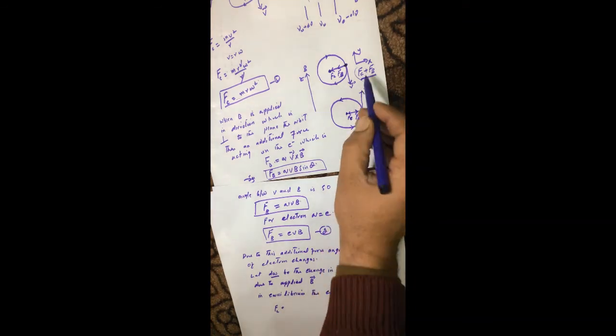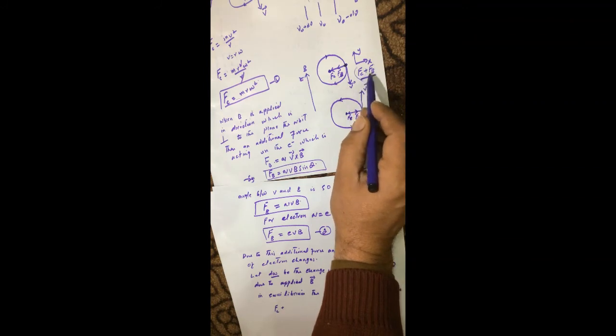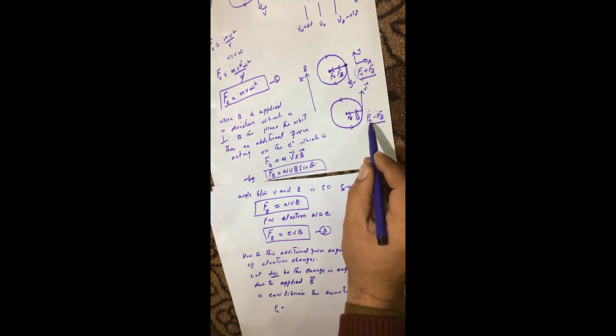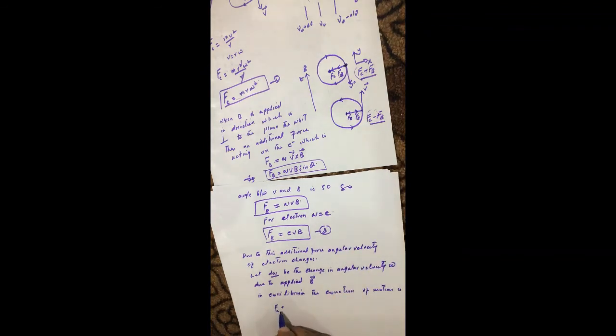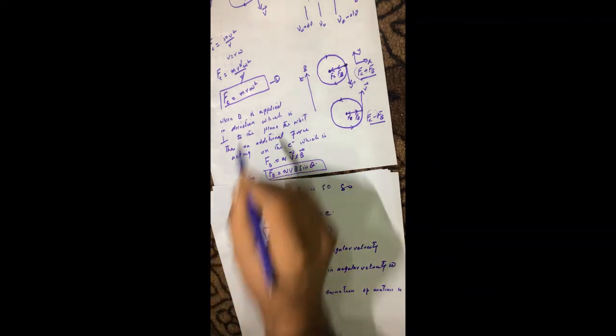But here we have the external magnetic field we applied, and the net force is either this one, F_c plus F_B, or this one, F_c minus F_B. So the net force will be F_c plus or minus F_B, which just changes the angular velocity.